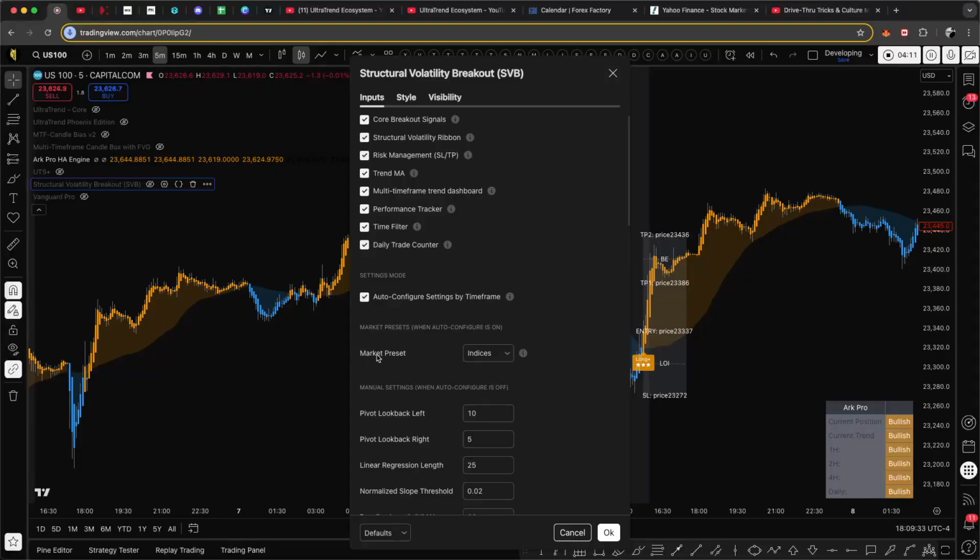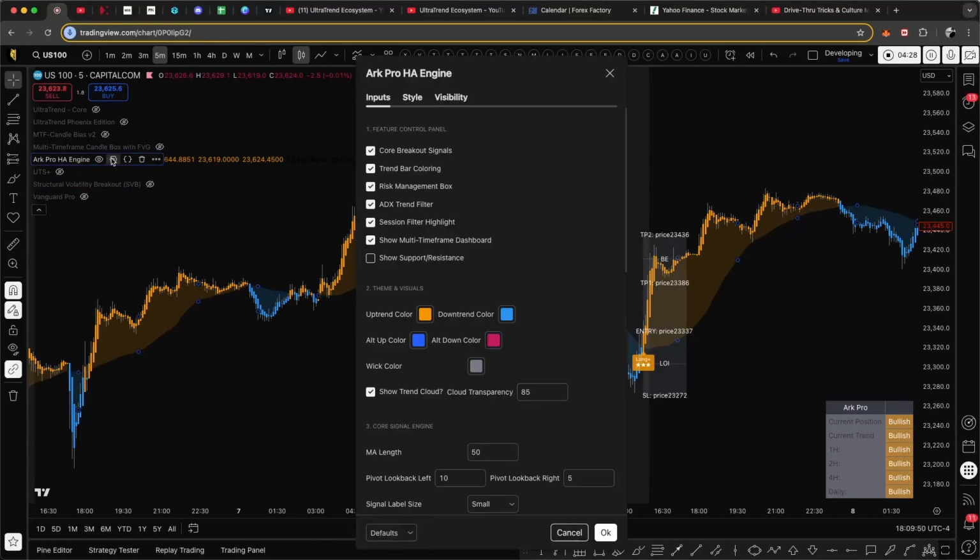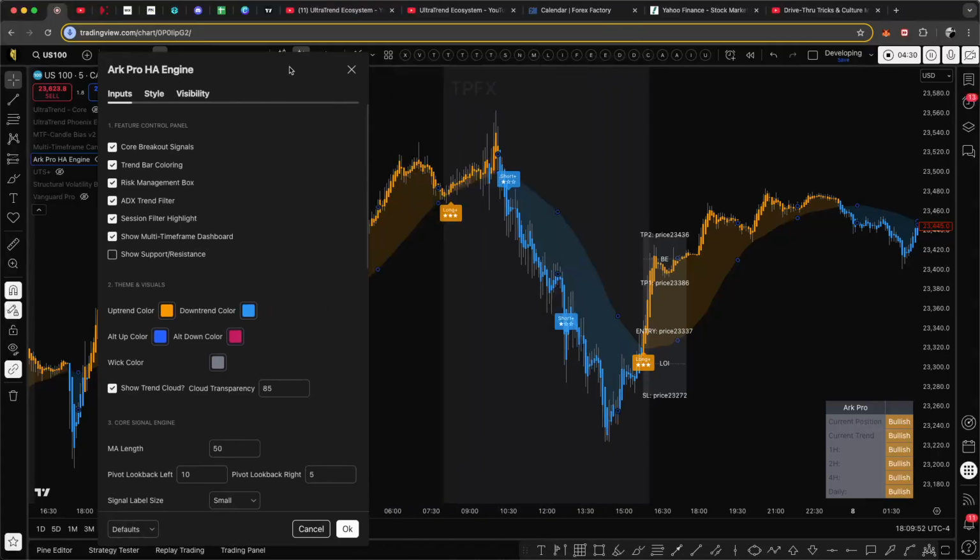I have this thing that says market preset, and I change between Forex, indices, crypto, commodities, so the indicator adapts to their different volatility. For this one, it is not necessary, since we're going to be using Heikin Ashi candles, it's a little different. We're going to use pretty much the same settings for everything.